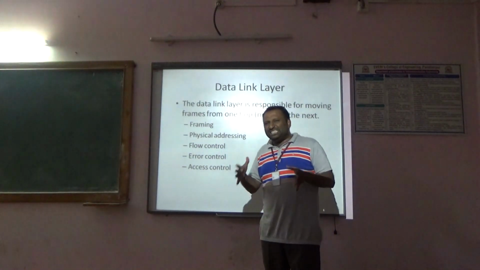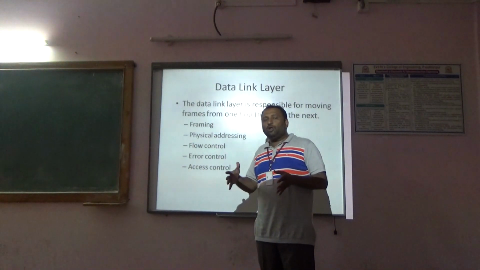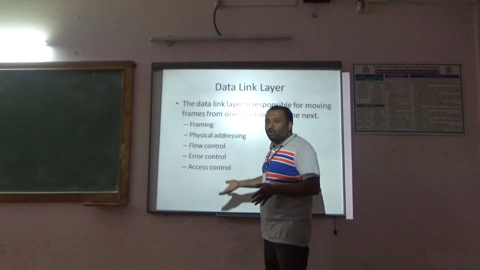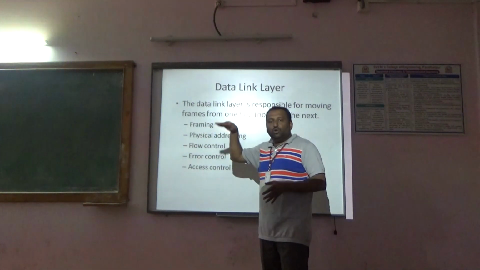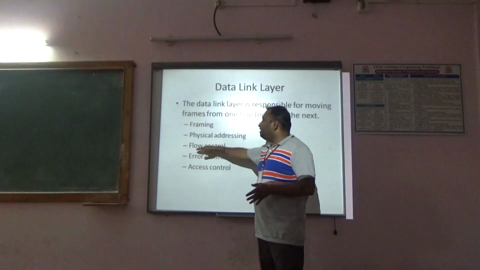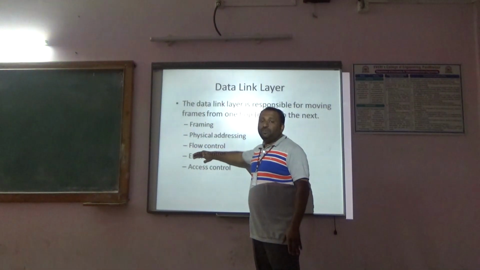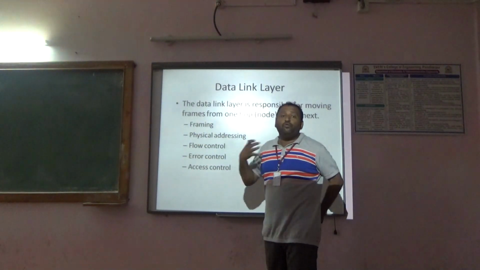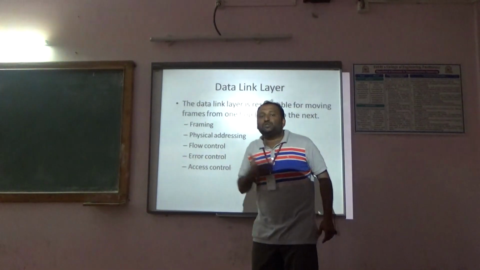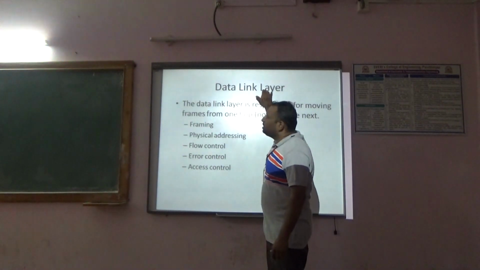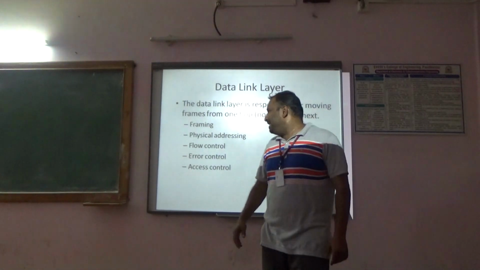If devices connected to the network are of high speed, obviously the flow control rate needs to be increased. If low speed devices are there, accordingly the flow control has to be achieved. So controlling the flow of transmission of the data is also the responsibility of the data link layer.